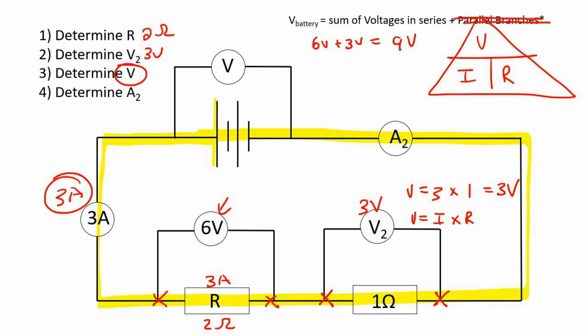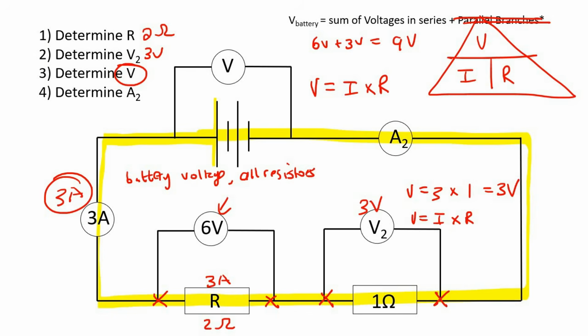The other way you could do this question is you could use a formula. So you could say voltage is equal to current multiplied by resistance. Now, if you are looking for the battery's voltage, remember what I showed you in the previous example, if you are using the battery voltage, then you must use all of the resistors, and you must use the current that is part of the main circuit.